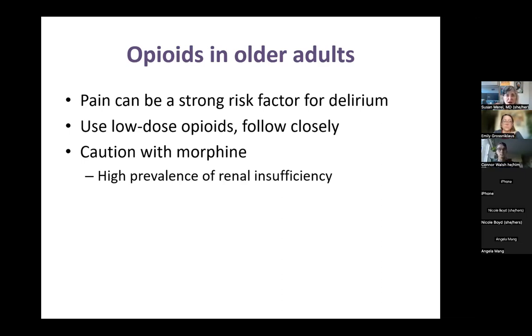So I do give opioids to older adults on a regular basis and just follow it closely. I do make a mental note when I'm taking care of an older adult with renal insufficiency to calculate their creatinine clearance because they may get into a little more trouble with morphine if they have renal insufficiency than a younger adult.